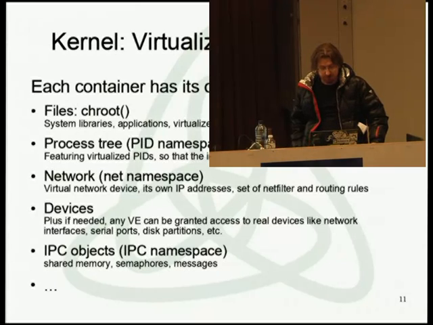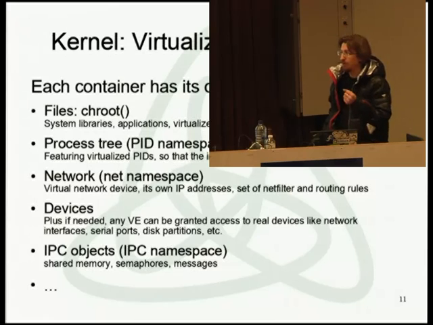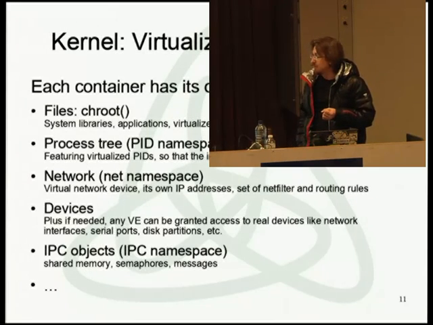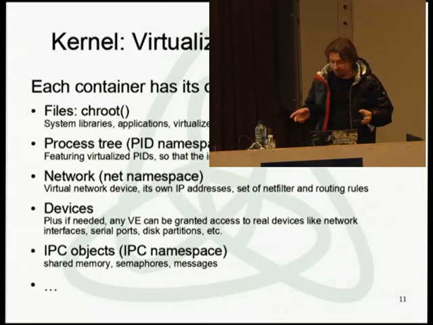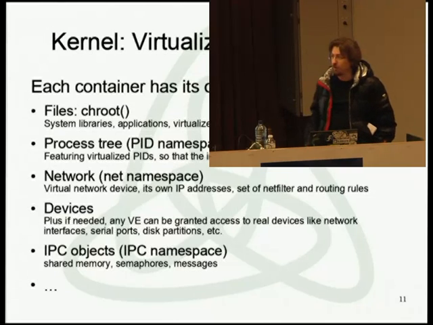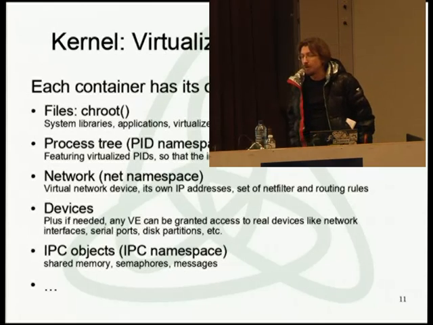Each container has its own devices, and all the other stuff that the kernel provides, for example IPC, inter-process communications, which is shared memory, semaphores, and messages. Each container has its own set of IPC objects, so they don't interfere with each other. And that stuff is done using so-called namespaces.